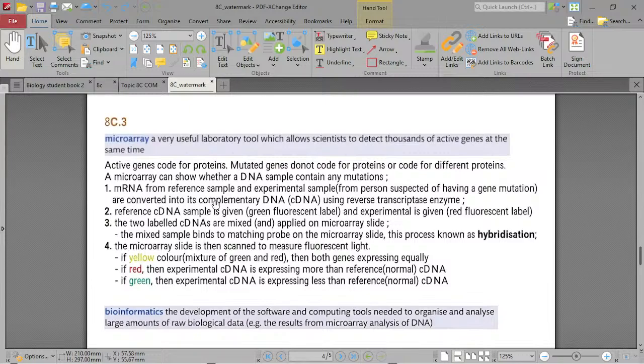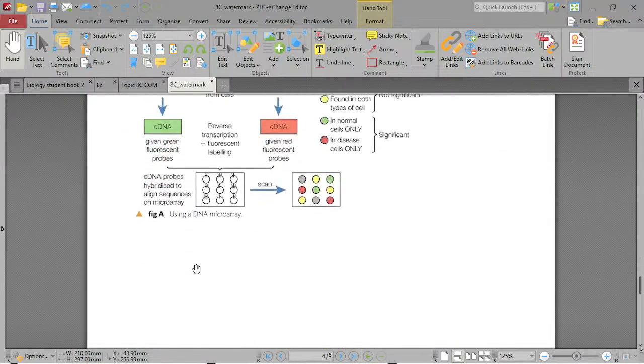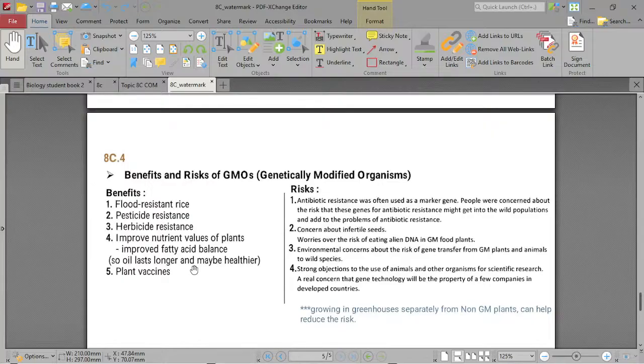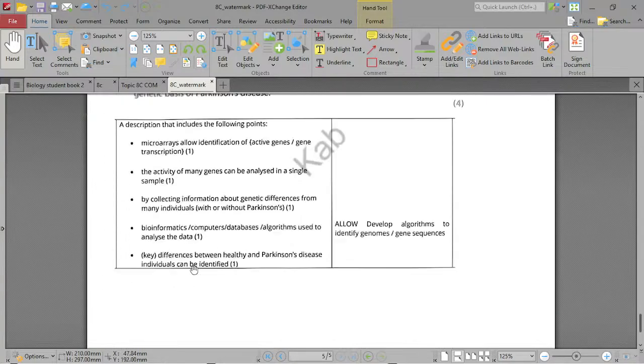Any sort of mutation, or maybe like cancer cell, right? So like, yeah. Then benefits and risks of GMOs, and that's pretty much it.